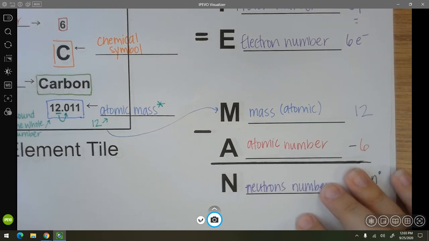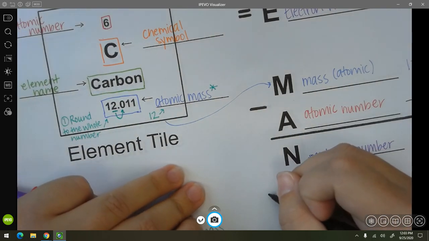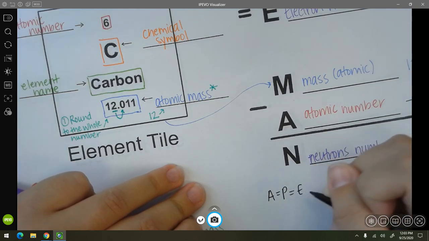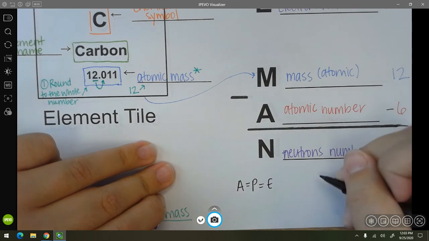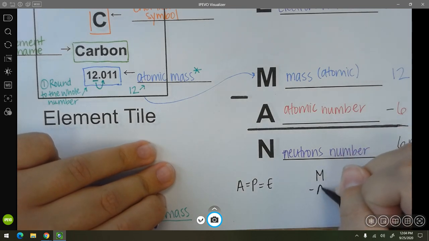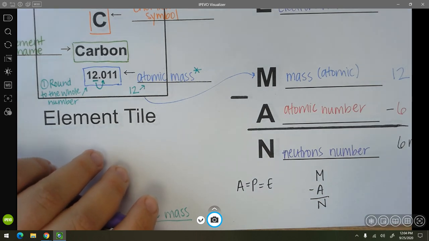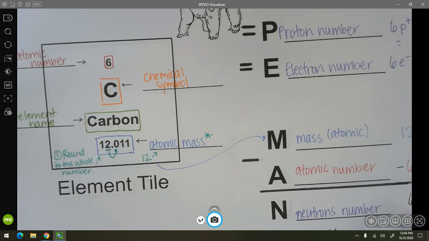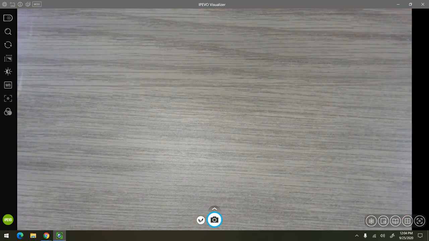Okay? So remember, for APE, A equals P equals E. And for MAN, it's M minus A will give you the number of neutrons. Okay? So now that we remember this, let's do some practice. All right, are you ready for some practice so that we can actually see these things?